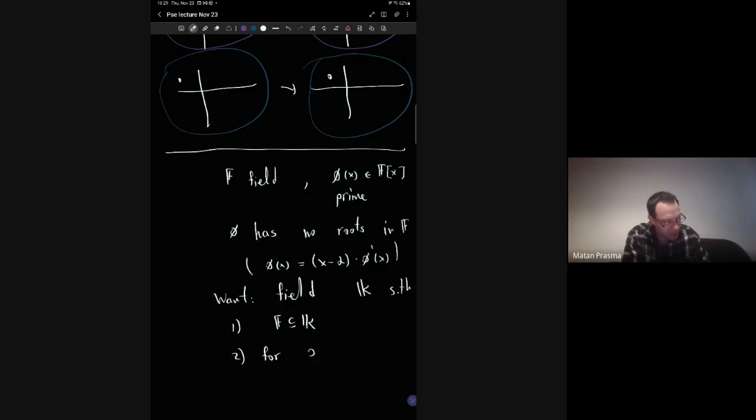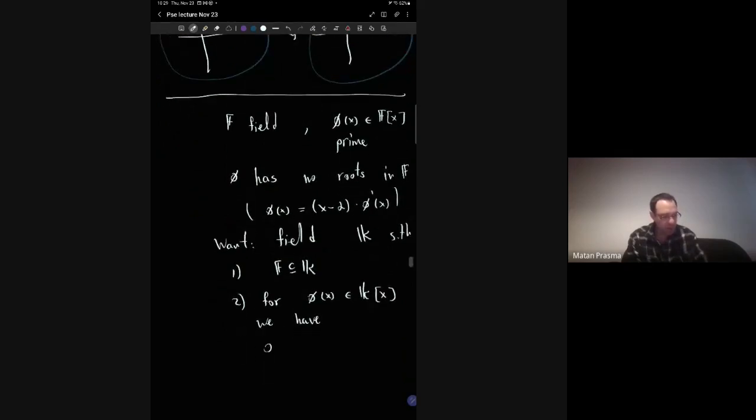I will still write phi. It's basically the same polynomial, but now over K. And over K, we have a complete split of the polynomial phi.